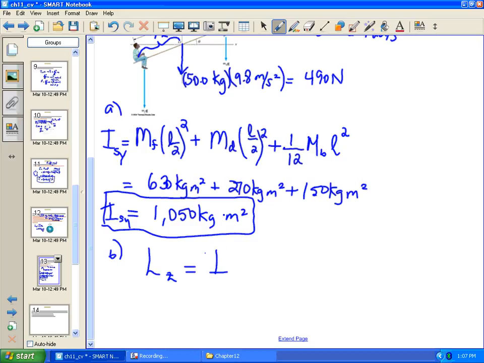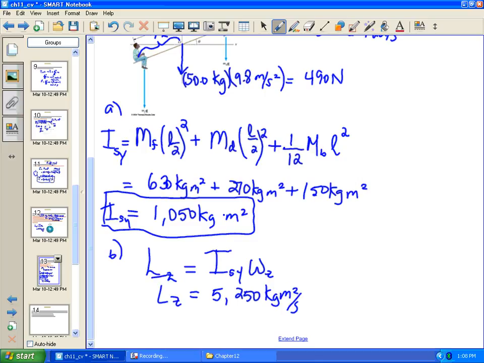We need I, which we just calculated for the system, multiplied by omega, which is also along the z direction based on the rotation. So we take 1,050 kilogram meters squared multiplied by 5 radians per second, and we get 5,250 kilogram meters squared per second.